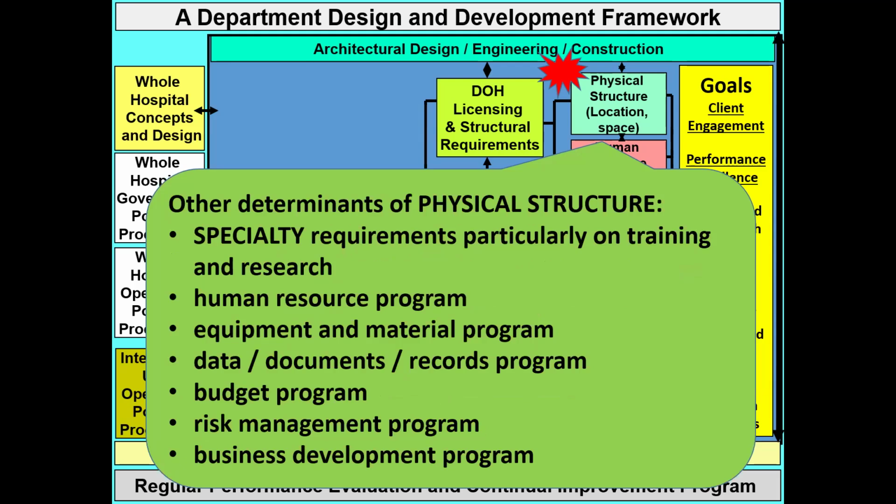Then there are specialties in the hospital, so specialty requirements, particularly on the training and research, human resource program, equipment and material program, data and document records program, budget program, risk management program, business development program, and there are more. Okay.